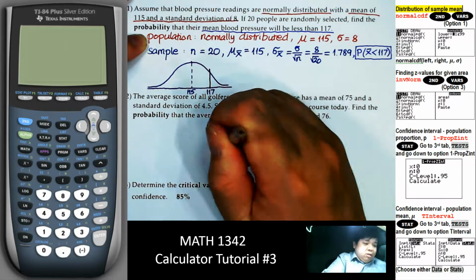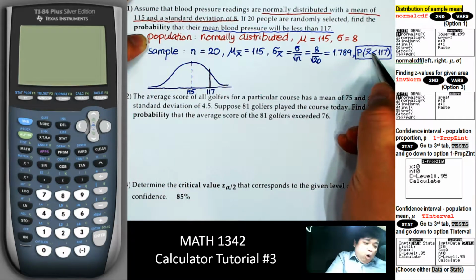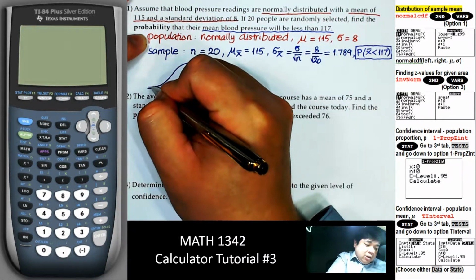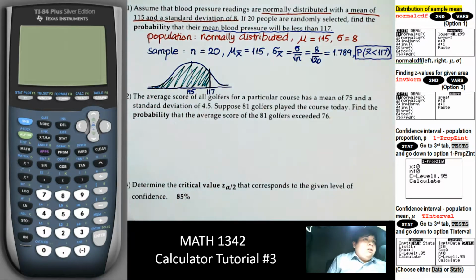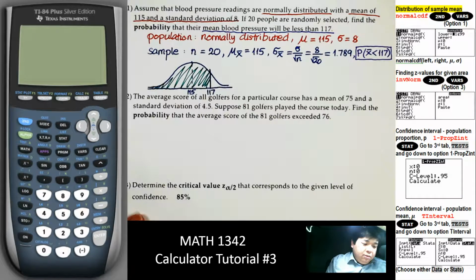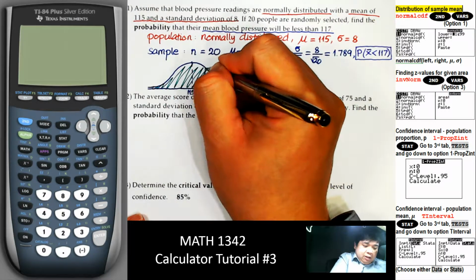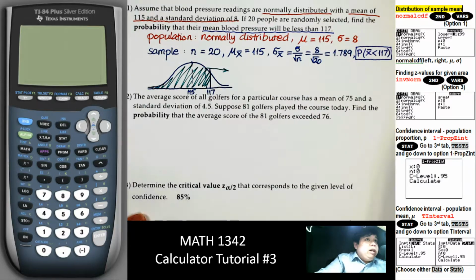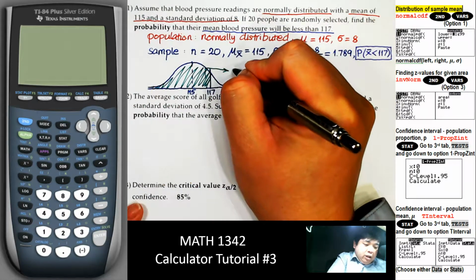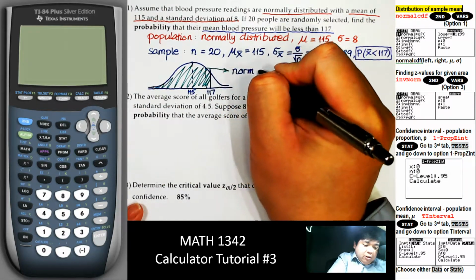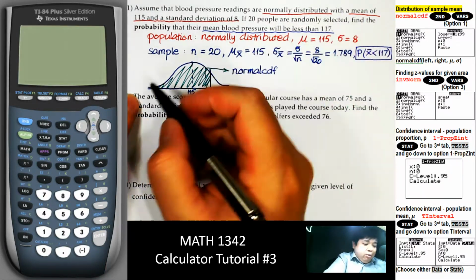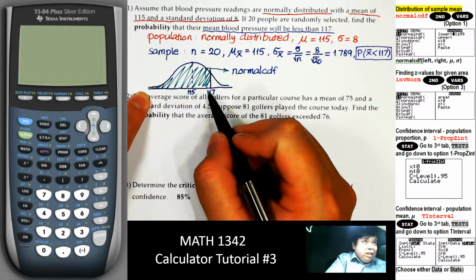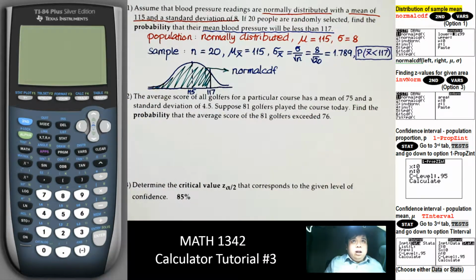The question asks us the probability that it will be less than 117, so pretty much this area. That area will be given by normal CDF. We calculate the area from all the way here to 117. Of course the calculation steps will be on that side.